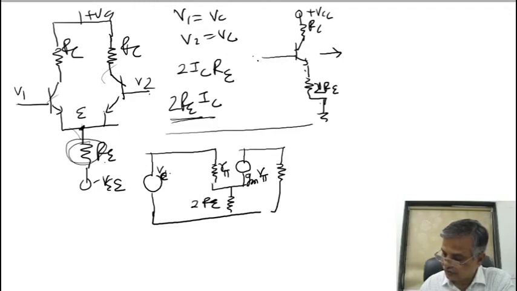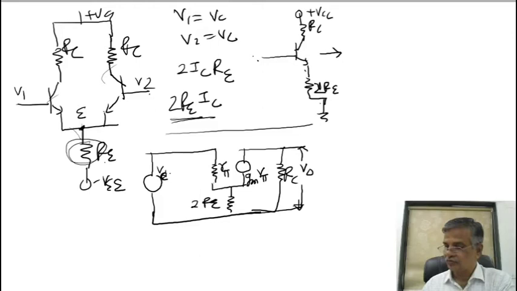This is your RC, and this is your VO1. Again, R pi for this, 2RE for this I have written.